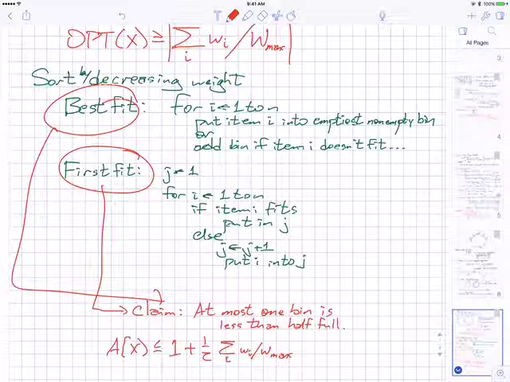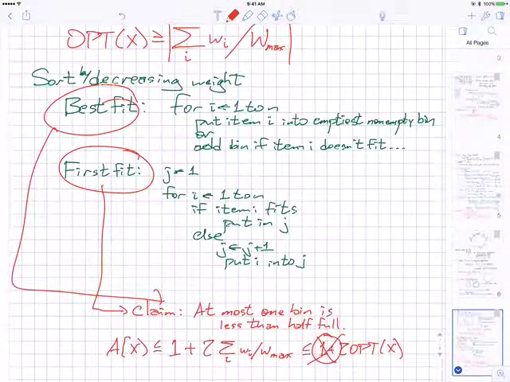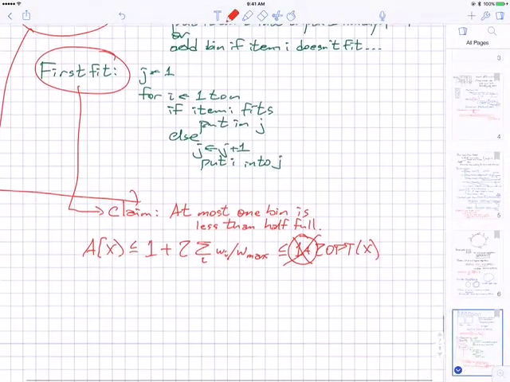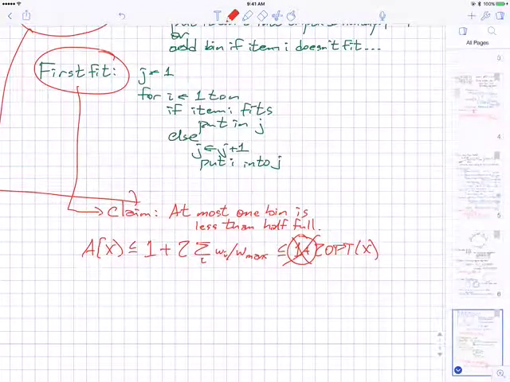So this is what you would get if you filled each bucket exactly halfway, and then I have one left over. But I'm filling each bucket at least halfway, except possibly the one left over. So I'm using fewer bins than what I would get by cutting everything in half. Sorry, I shouldn't say half here. I should say 2. This is at most 1 plus 2 opt. And for that, I don't really care that there's a plus 1 there when I'm doing the analysis. The ratio is as close to 2 as you want.